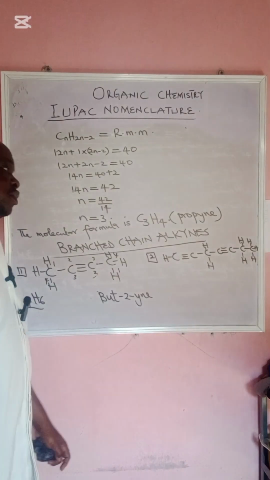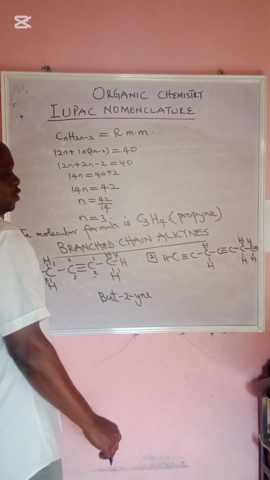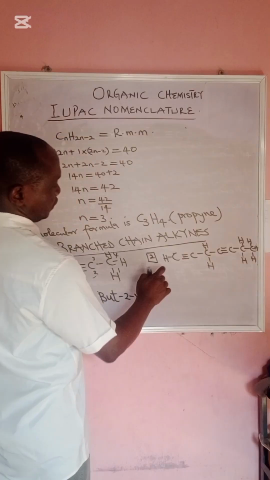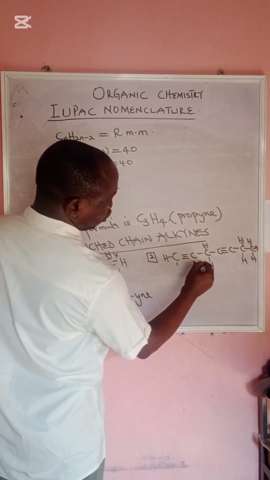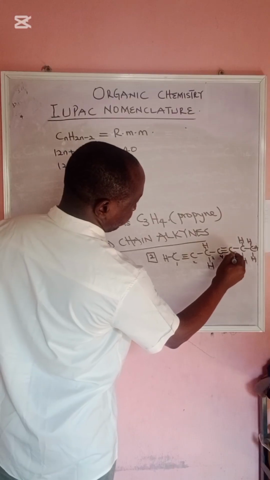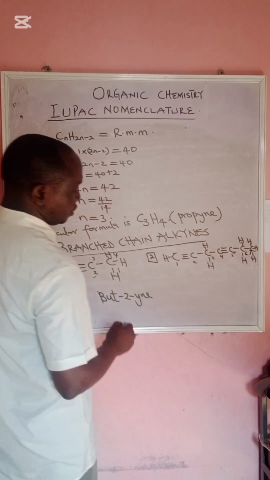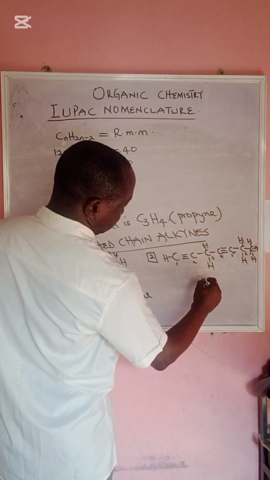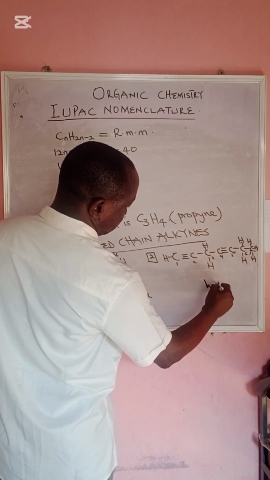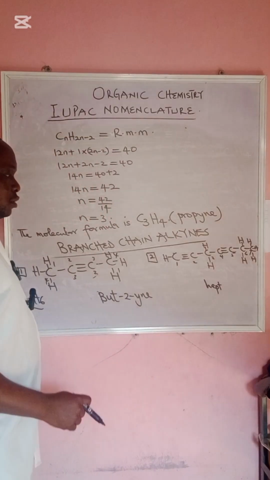Take note of that. Let me count from left to right, 1, 2, 3, 4, 5, 6, 7. This is the triple bond.